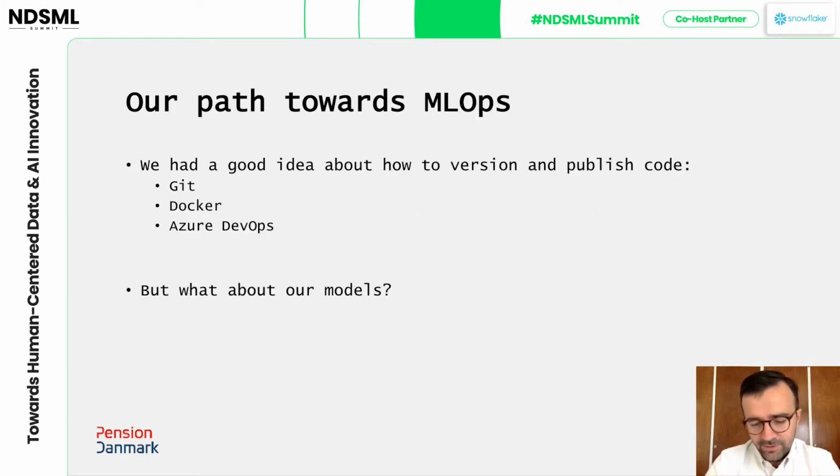I was one of the first 2 hires in our ML team, and when we started out, we had a pretty good idea about how to build our DevOps setup. It seemed to us that there's just much more of an established idea about DevOps best practices. You want to version your code, and Git is the way to do it.